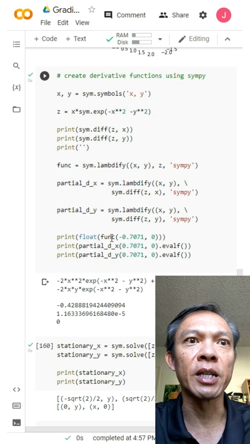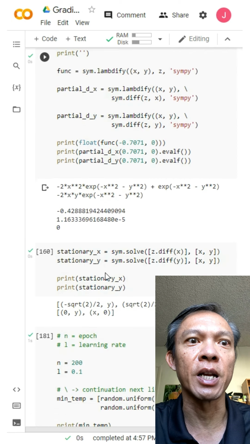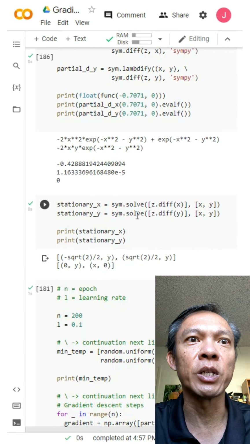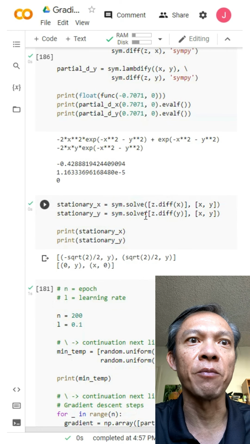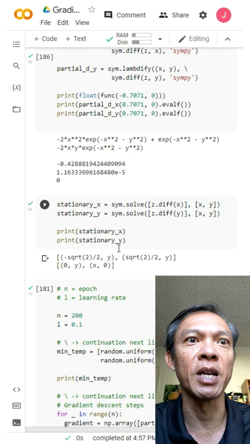And then as I mentioned earlier, you can put in the numbers and do the calculation right here, okay? And you can use the solve function to solve for the stationary point with respect to the partial derivative of x and the partial derivative of y.